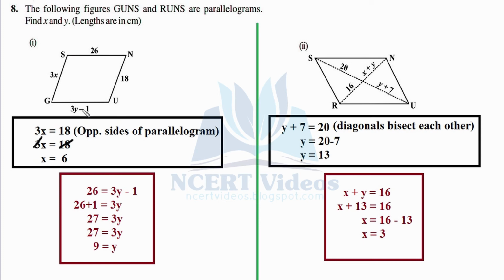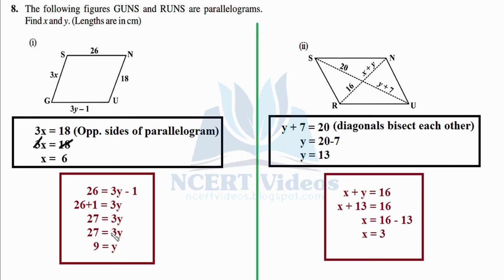Now, as we discussed earlier, we can easily find the measure of y when we equate both these sides. So 26 will be equal to 3y minus 1. You can take it in any order, that doesn't matter. So transposing negative 1 towards the right hand side, it will get added. So we wrote 26 plus 1 equal to 3y. It is simple, 27 equal to 3y.